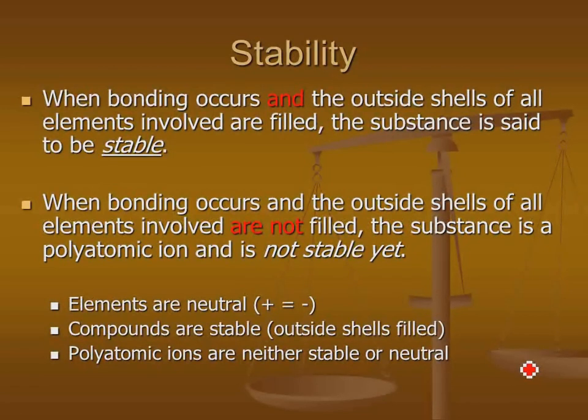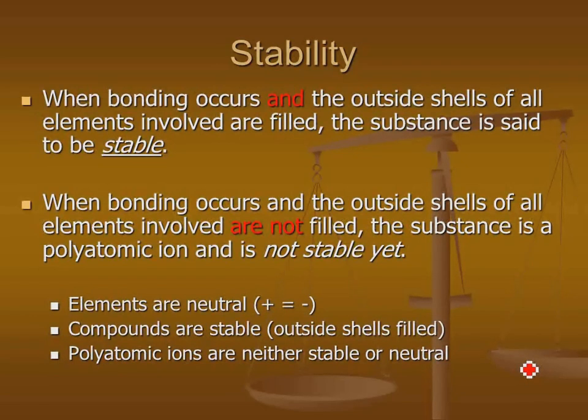Sometimes there's an in-between stage where that outermost shell is not quite filled, and we're going to call that a polyatomic ion, and I'll show you examples of those as we go along.